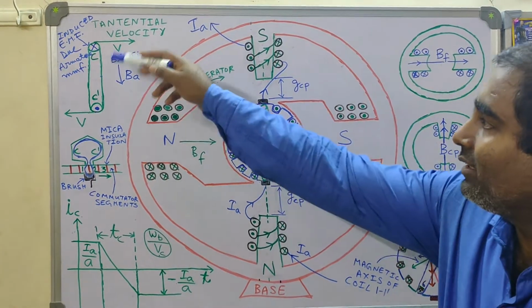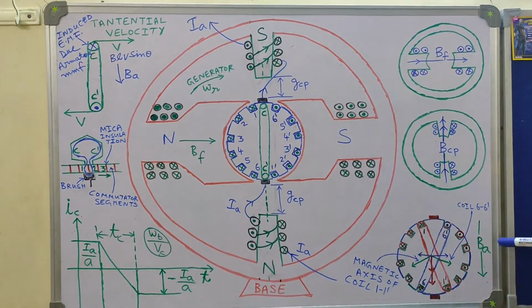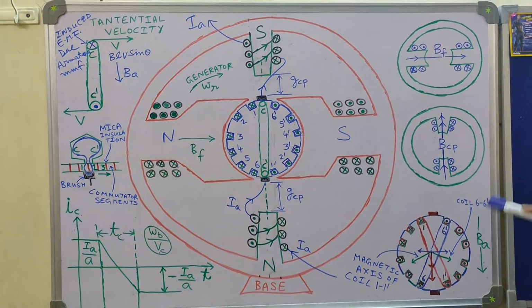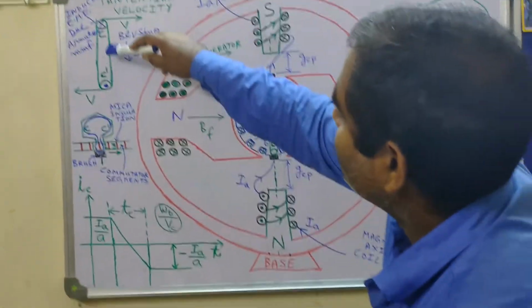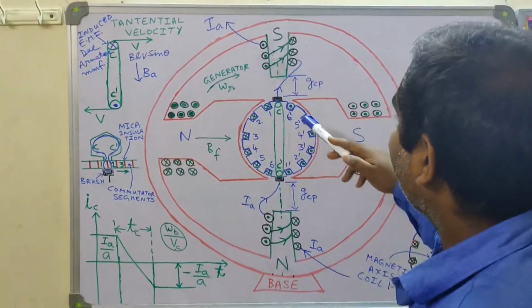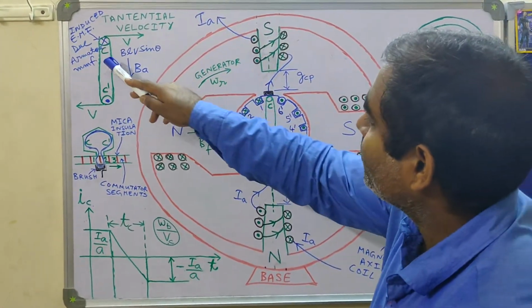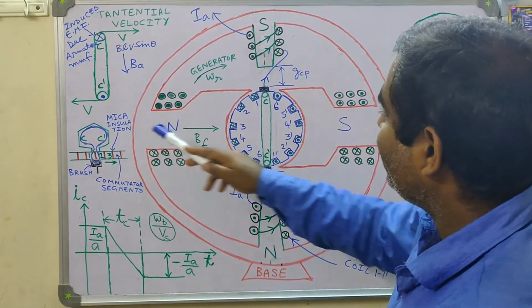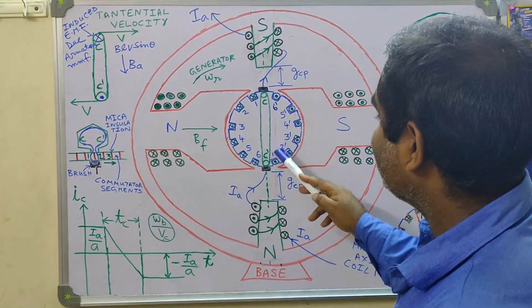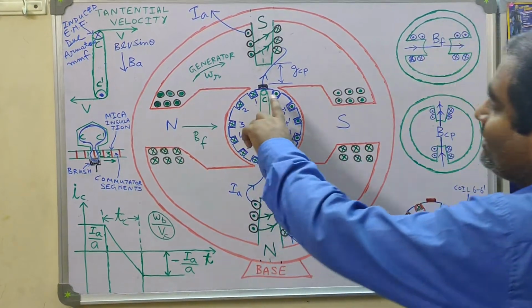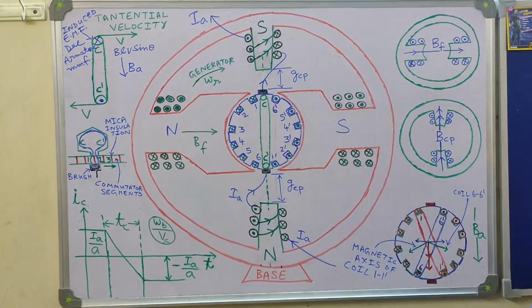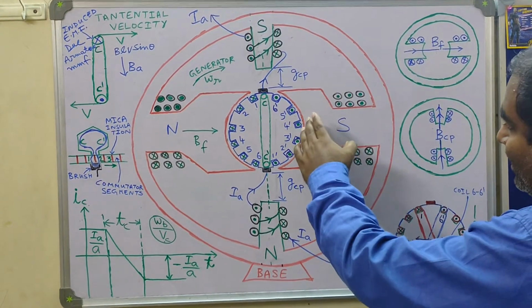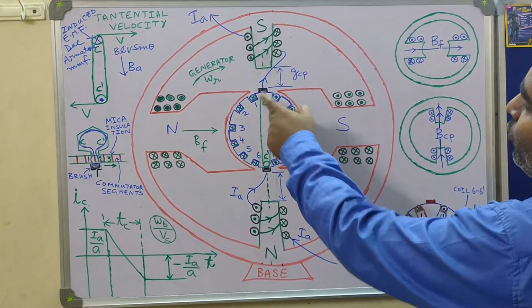But you see here in the diagram, the induced EMF polarity due to armature flux is such that it maintains the induced EMF in the coil side C to be cross, and it maintains induced EMF polarity in the coil side C dash to be dot. That means it is trying to retain the same induced EMF polarity which was there at the beginning of the commutation.